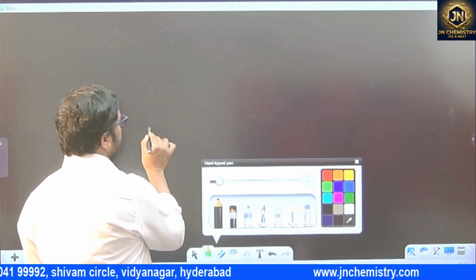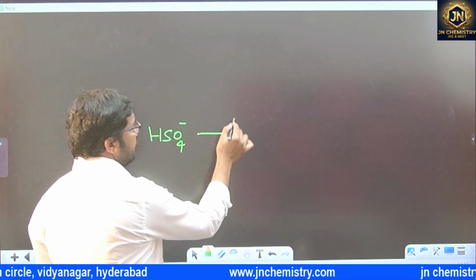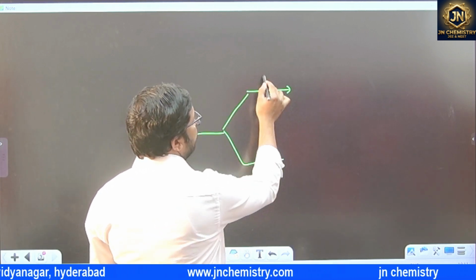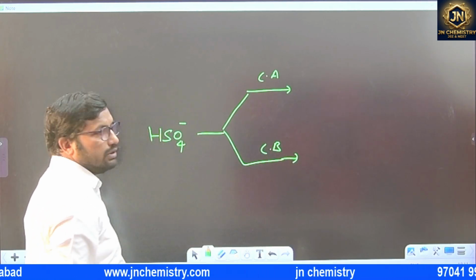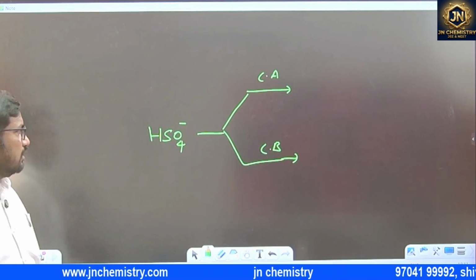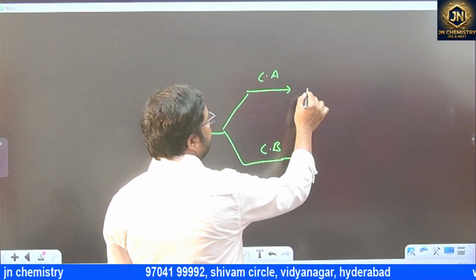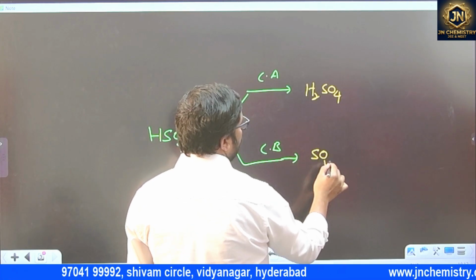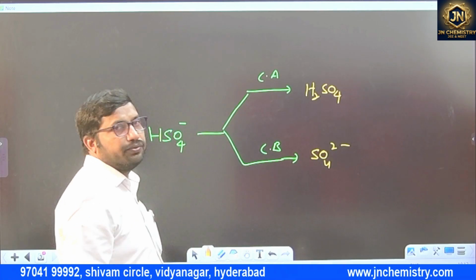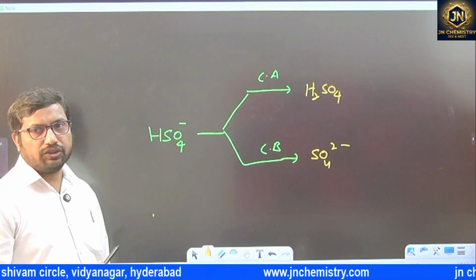For example, HSO4 minus, conjugate acid and conjugate base pairs. HSO4 minus, what is the conjugate acid? H2SO4, very good. And the conjugate base is SO4 2 minus.